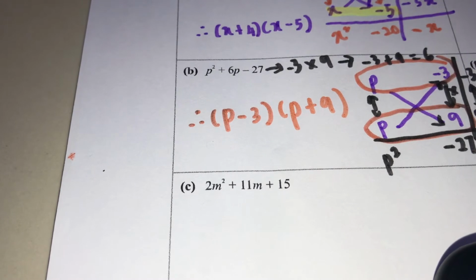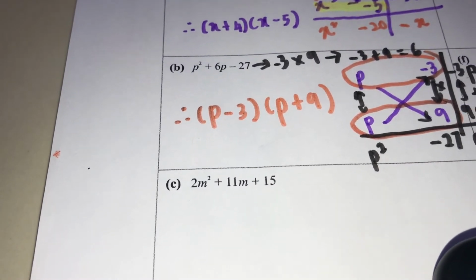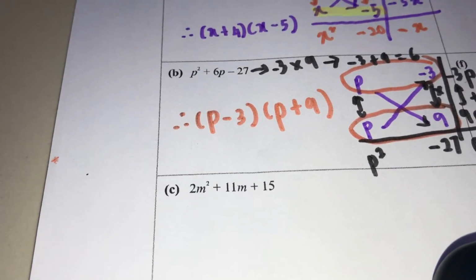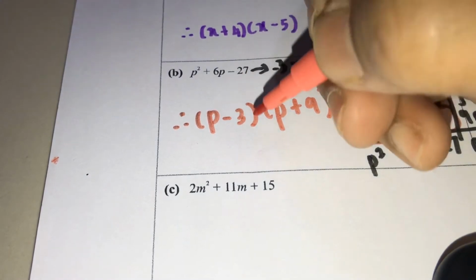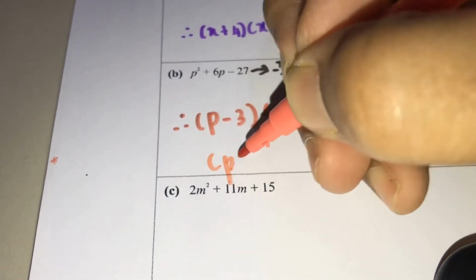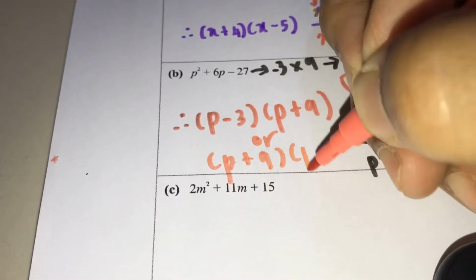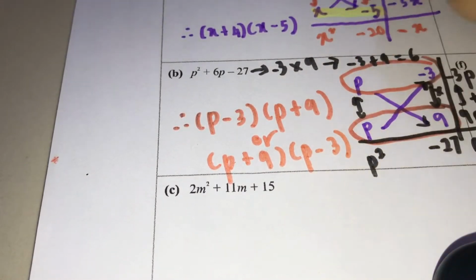So that one is for question B. You can write P minus 3, P plus 9 or P plus 9, P minus 3. Same.